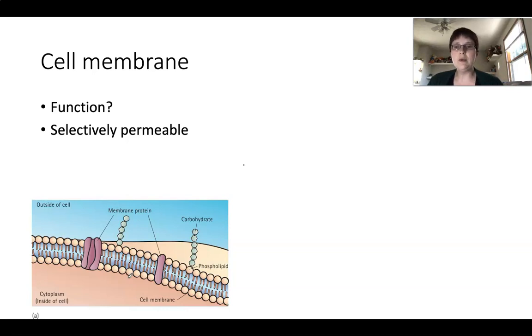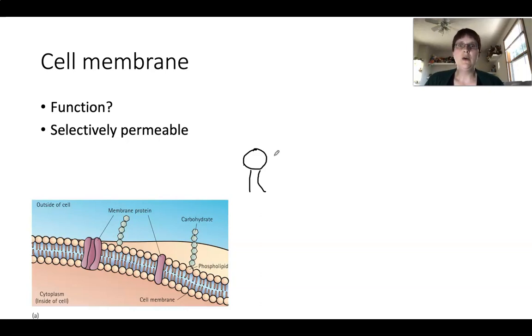And it does that by being what we call selectively permeable. So it is selectively permeable because of what it's made out of. These little phospholipids. So phospholipids are unusual for a molecule because there's one of them by themselves, these little guys right here.